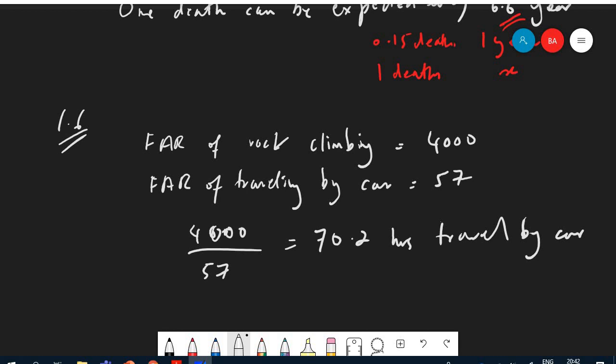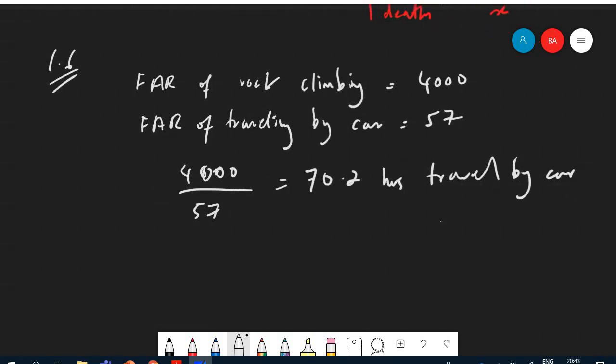What I'm trying to say is that rock climbing is safer in a sense, because you're going to travel much more and have a much higher possibility of a fatality by car than by rock climbing. I hope this gives you an idea of what we are trying to say here.